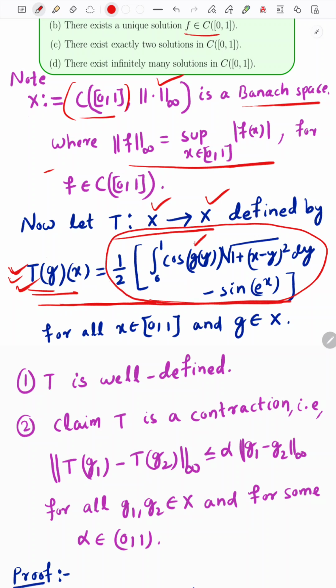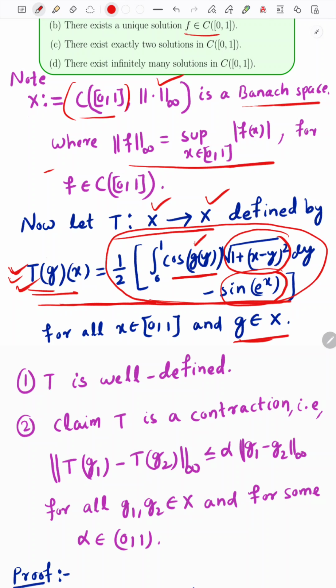Clearly this sin e to the power x is a continuous function, it is clear. And we are taking that g is from X, means g is continuous, so cos of g is also continuous, because cos is a continuous function, and the composition of two continuous functions is continuous, and we know that this term is also continuous, so their product is continuous, and we are integrating.